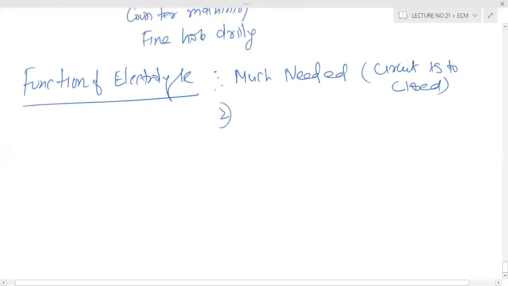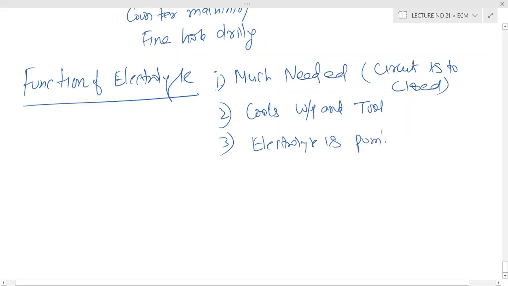Second, it also cools the workpiece and tool, because during the process heat is also generated. And third, as I said, electrolyte is pumped into the machining area.